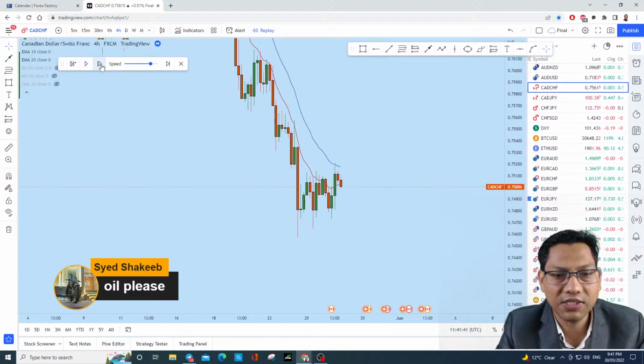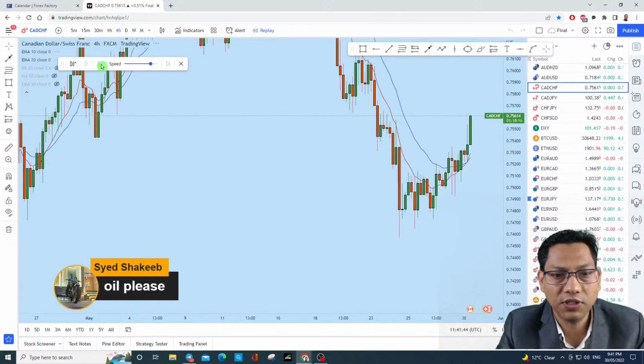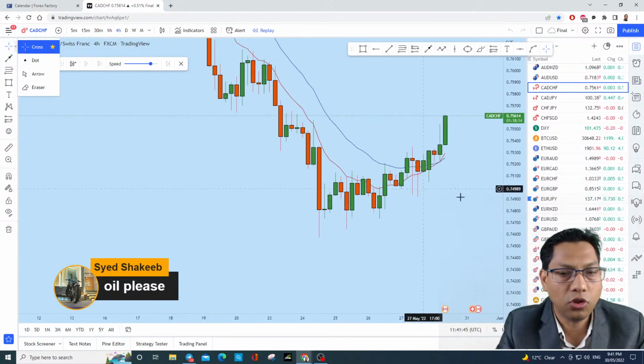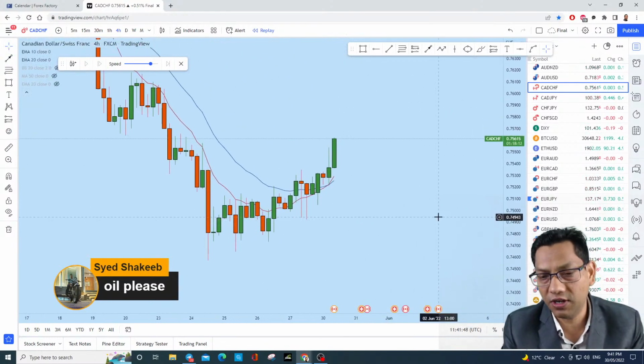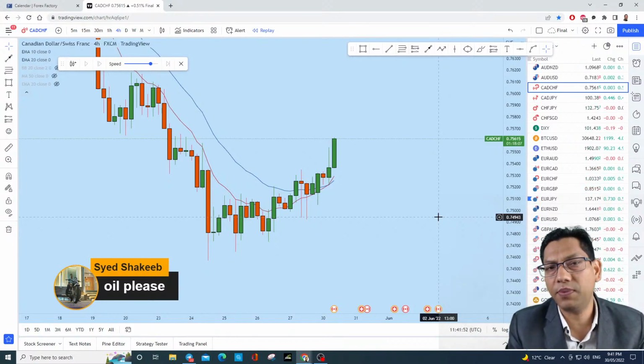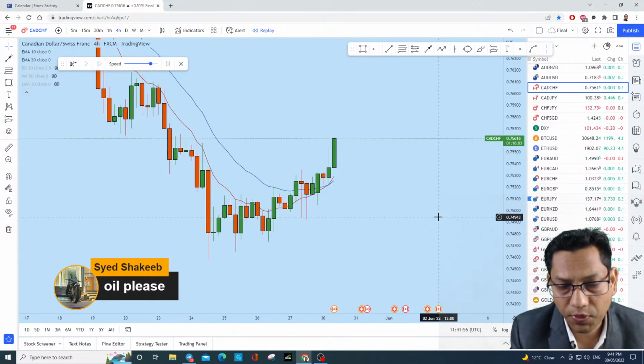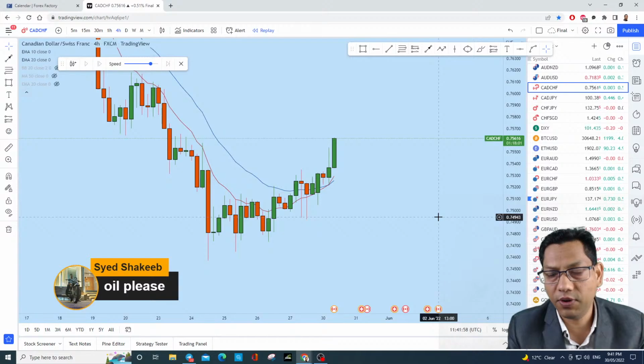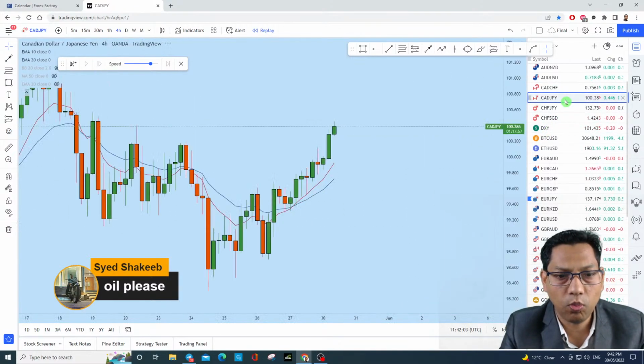And look at how the price moved from this zone. Now definitely for those who are in the live stream, learn it very well. The purpose of this channel is to teach you how to trade properly, and hopefully everybody is getting that value. Now let's see what CAD JPY is doing.